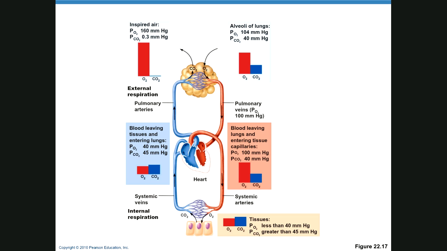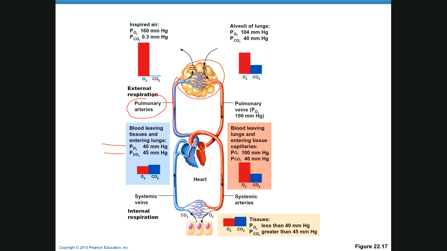Okay, so these are the lungs, this is the alveoli. So you can see blood coming in from the pulmonary arteries on the right side, from the right ventricle. That blood coming in has, right here, 40 millimeters of mercury of oxygen and 45 millimeters of mercury of CO2.